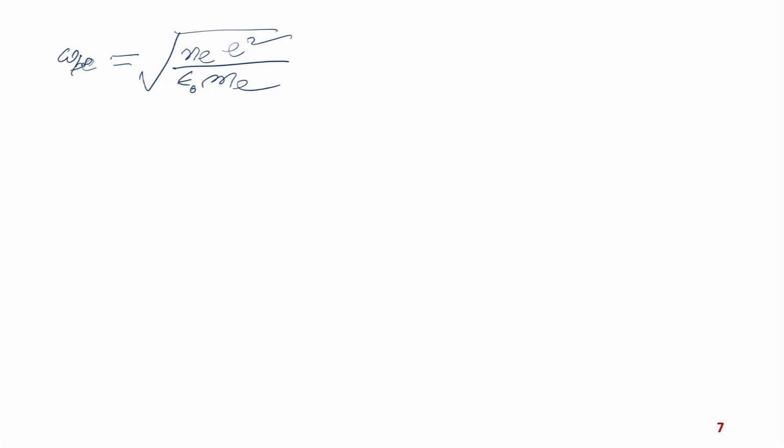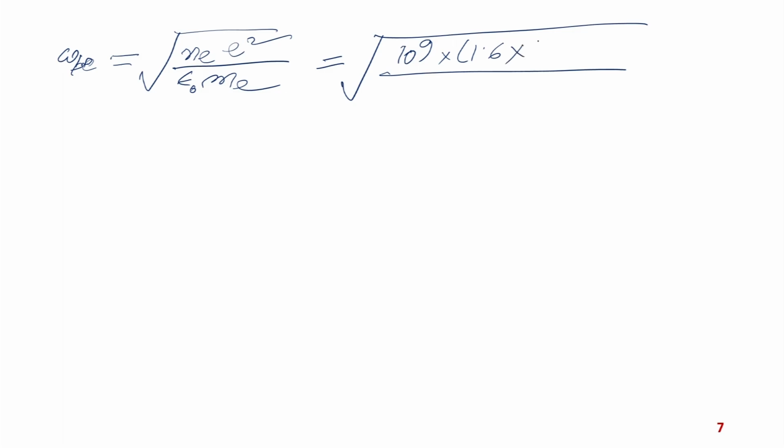If you substitute all these values here, it is 10 to the power 9, then we multiply 1.6 into 10 to the power minus 19 whole square, then epsilon 0, 8.854 into 10 to the power minus 12, and then the mass is 9.11 into 10 to the power minus 31.